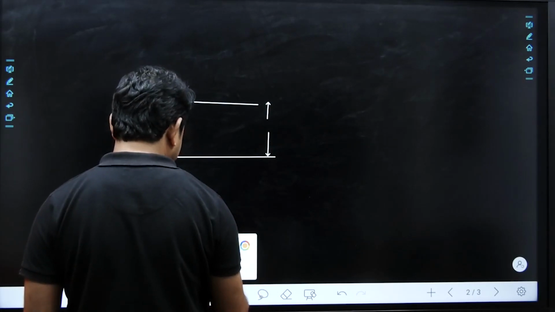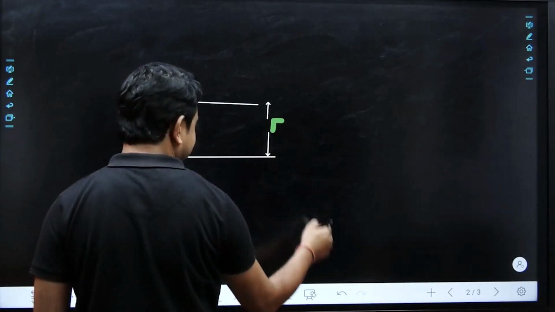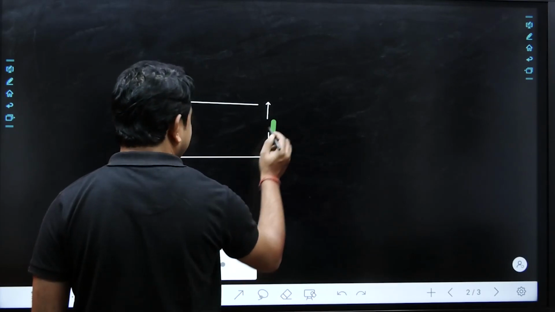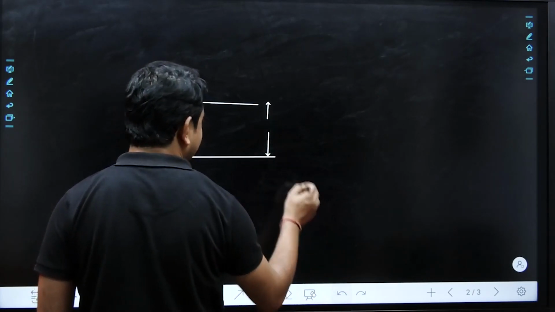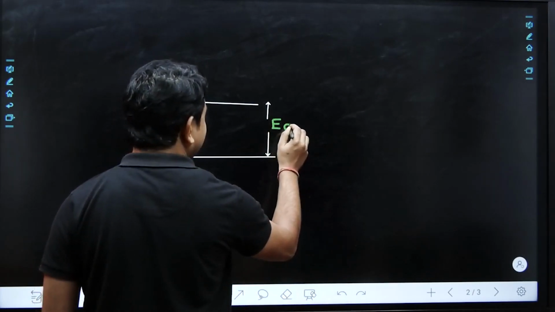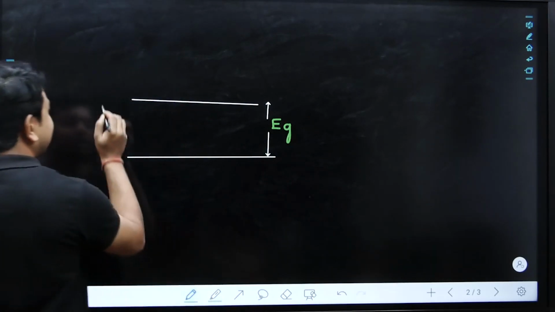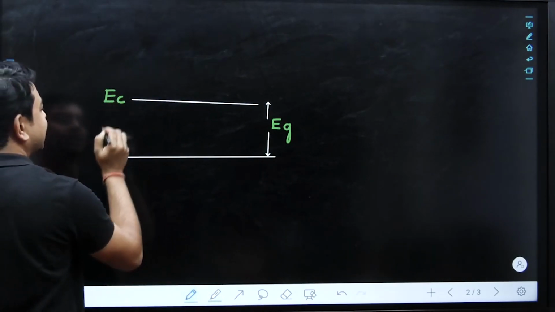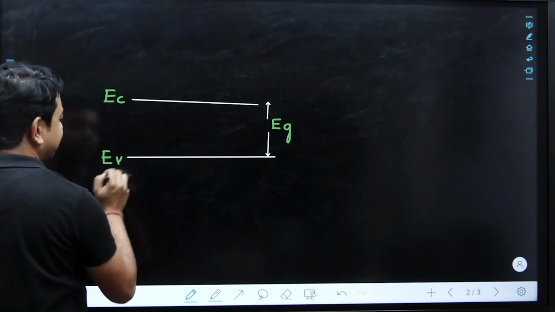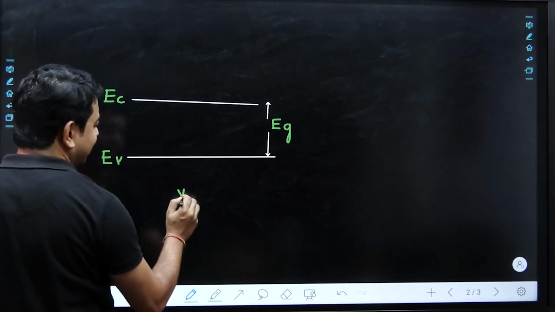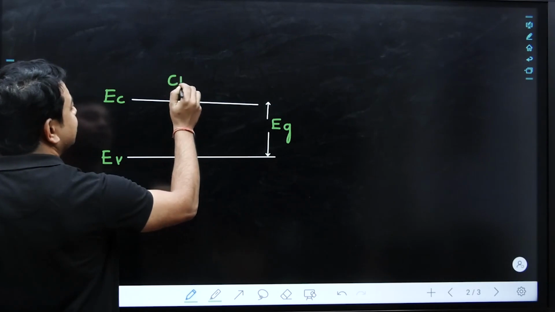We know that this is the conduction band lowest energy state, this is the valence band uppermost energy state, and we have the valence band here and the conduction band here.